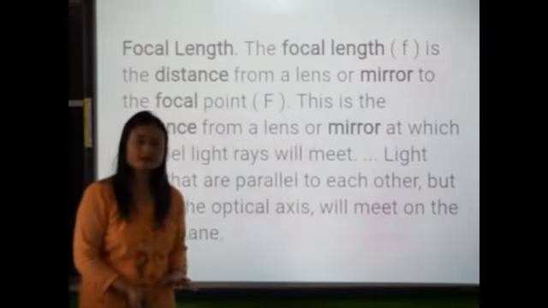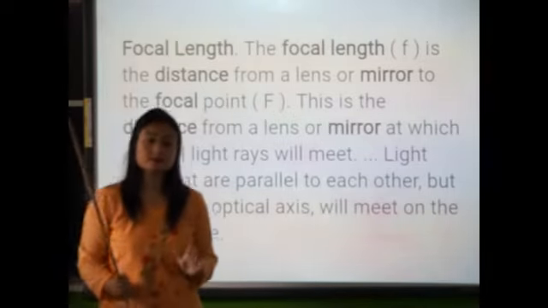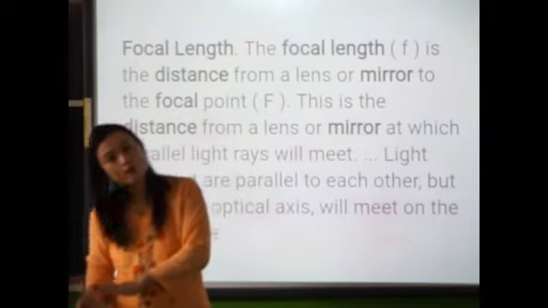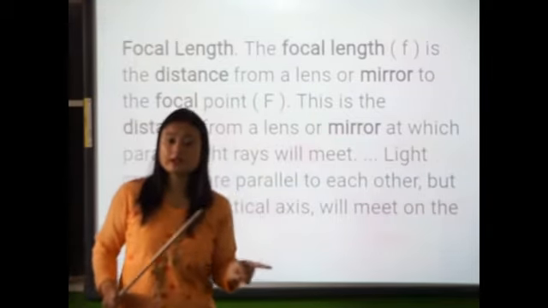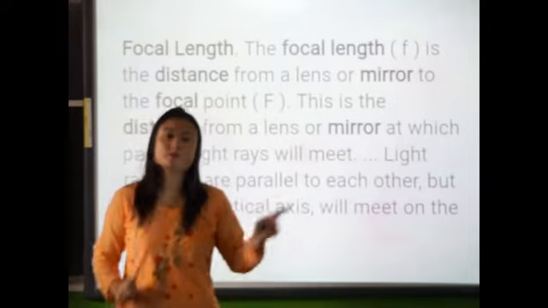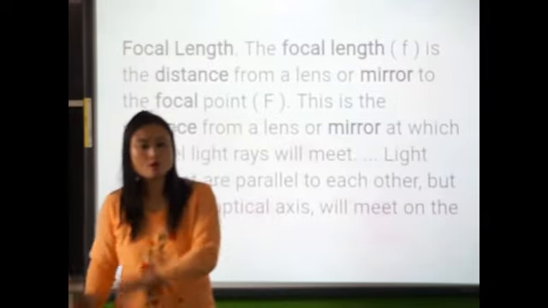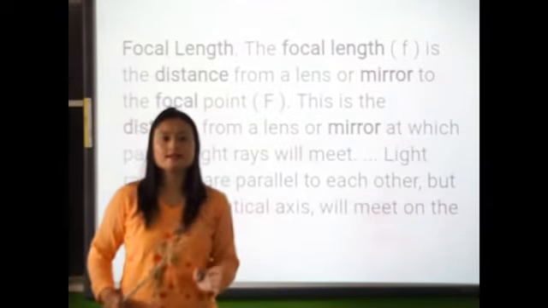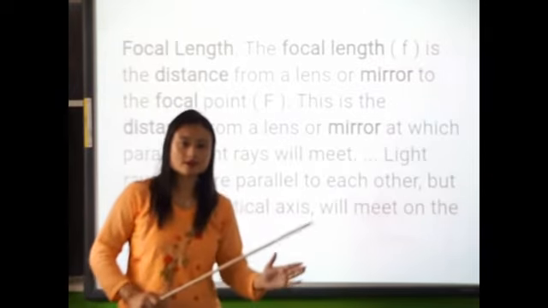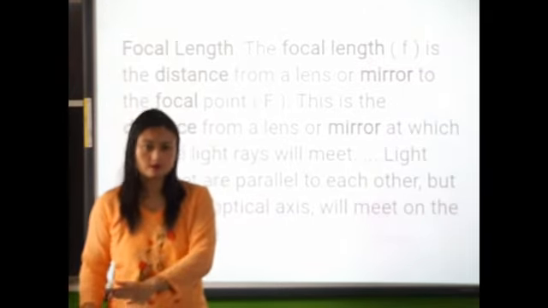Radius of curvature is the distance between center of curvature and pole, and focal length is the distance between focus and pole.